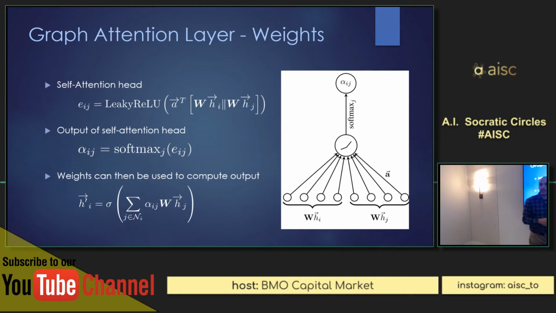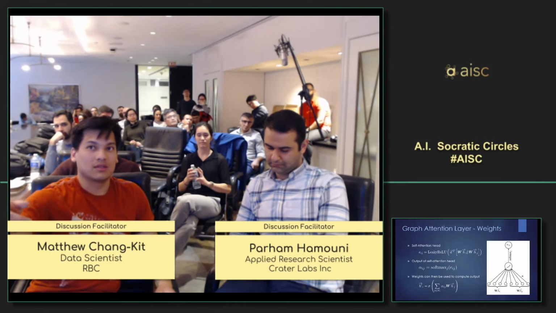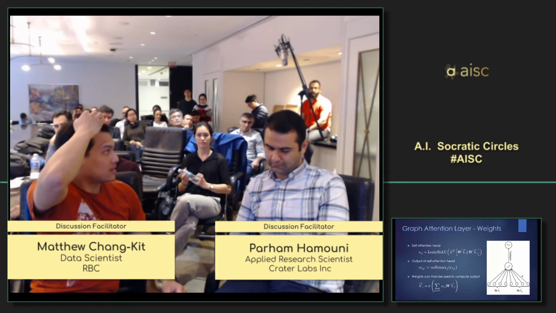It's not actually a graph. These are the feature vectors of W h_i, and this is just telling you how to combine them schematically.